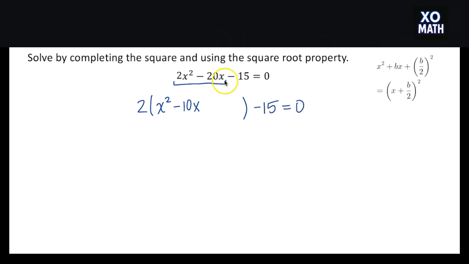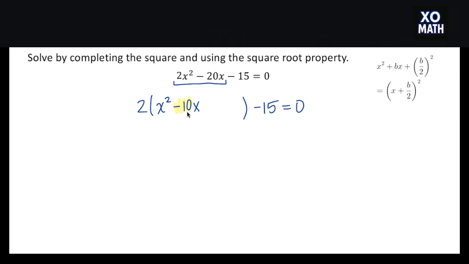At this point, it's the exact same equation, just a little bit rearranged. I factored out a 2 from the first two terms and moved the negative 15 over a little bit. I left some space to complete the square, to create this three-term combination. I need to put plus b over 2 squared. Now my value of b in this example is negative 10.